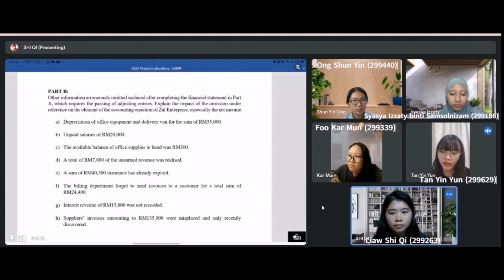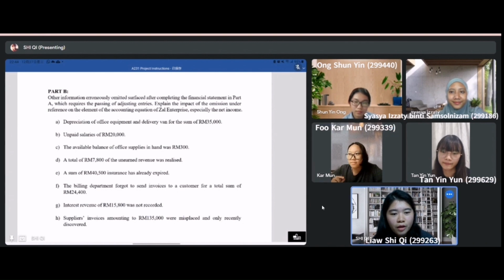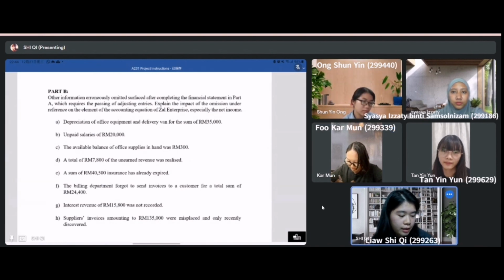So unearned revenue will be displayed in the debit side, and sales revenue will increase on the credit side. Carmen and me agree with this answer, right? Yeah. Alright, so our final answer for question D is debit unearned revenue, credit sales revenue.